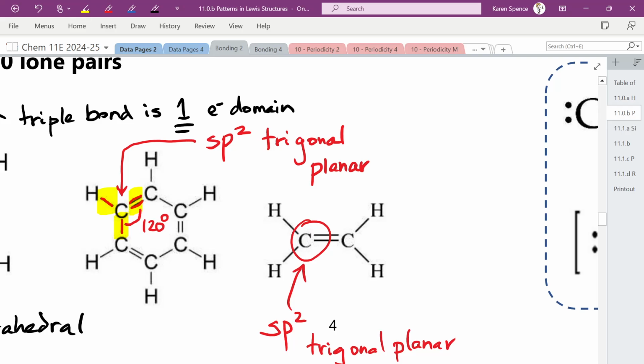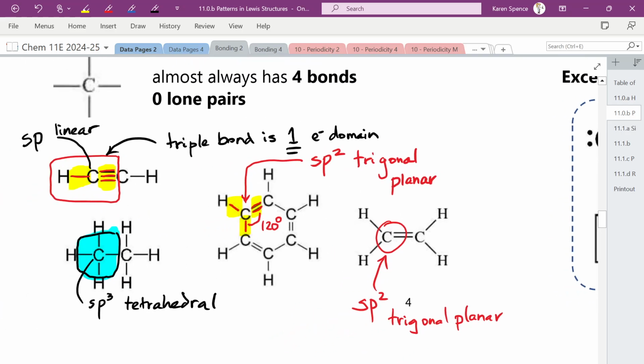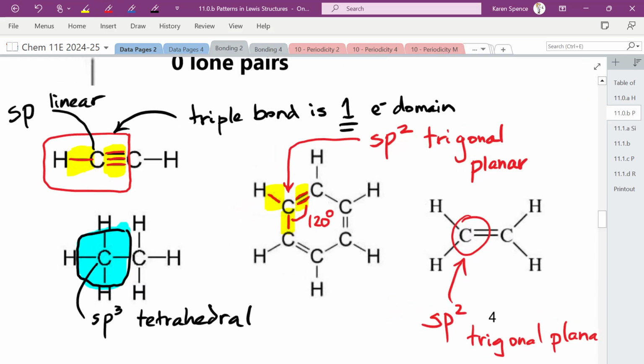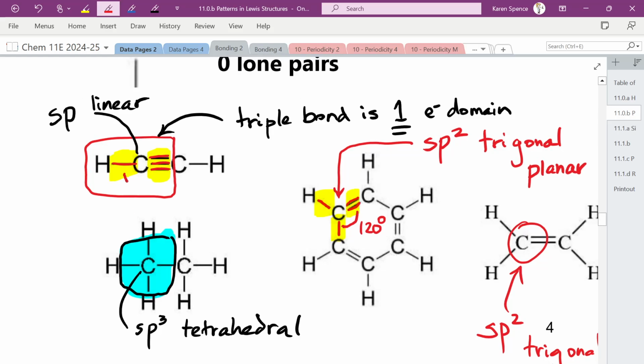And while we're at it, we'll learn some bond angles because you already know the 120, right? And this one's really easy. What's that bond angle? 180. And I'm going to tell you the tetrahedral bond angle. You're going to forget it, but I'll tell you it many, many times. You'll write it down many, many times.